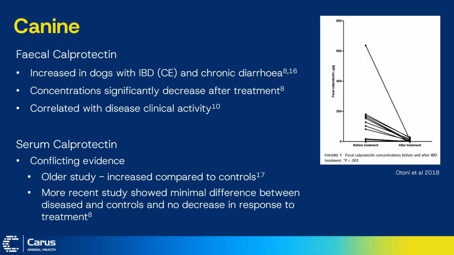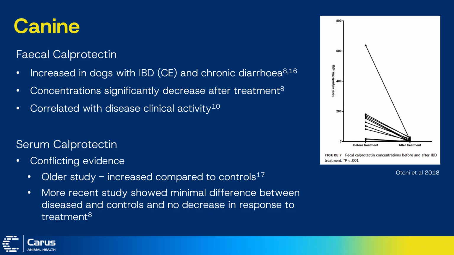There are more and more papers coming out researching fecal calprotectin, so I've just put a summary of a few canine and feline papers to highlight what's been found so far, starting with canine. It's been found that fecal calprotectin is increased in dogs with IBD, or what we would now refer to as chronic enteropathy.